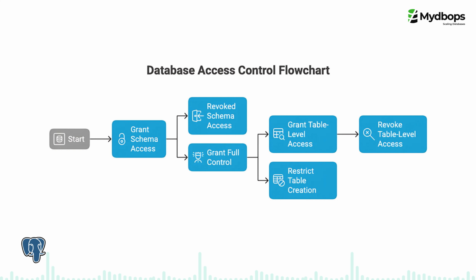Can they create new objects? You get to decide. It's like setting boundaries within the database to prevent unauthorized access, like having different levels of security clearance for different areas of your database. Some users might have top secret clearance and can access everything. Other users might only have access to certain schemas or even just certain tables within a schema.